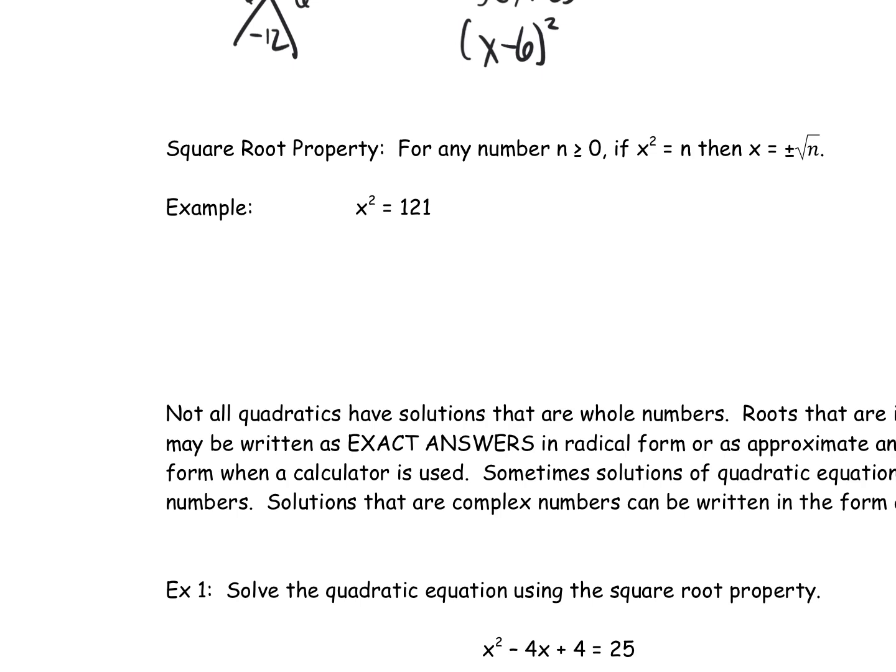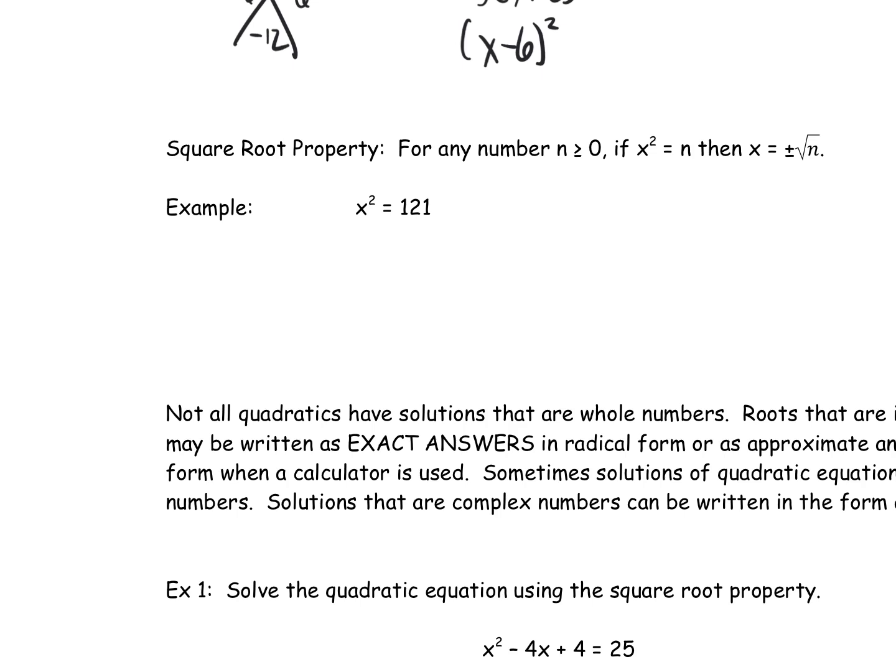Next thing we're going to look at is the square root property. The square root property tells us that for any number n that is greater than or equal to 0, if x squared equals n, then x is equal to plus and minus the square root of n. What that means essentially is that if I need to take the square root of an equation, I can, as long as I do it to both sides.